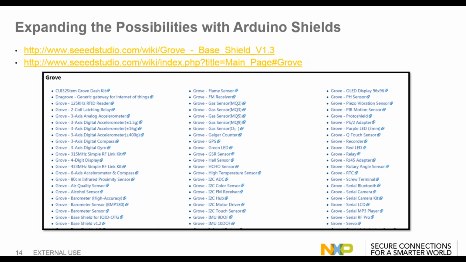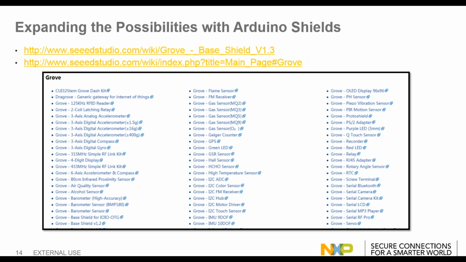And so the Grove environment, with all these different sensors and all these options that are highlighted here, is a great way to expand your Freedom K82F into new capabilities, whether it be a gyro or a simple RF kit or so on.